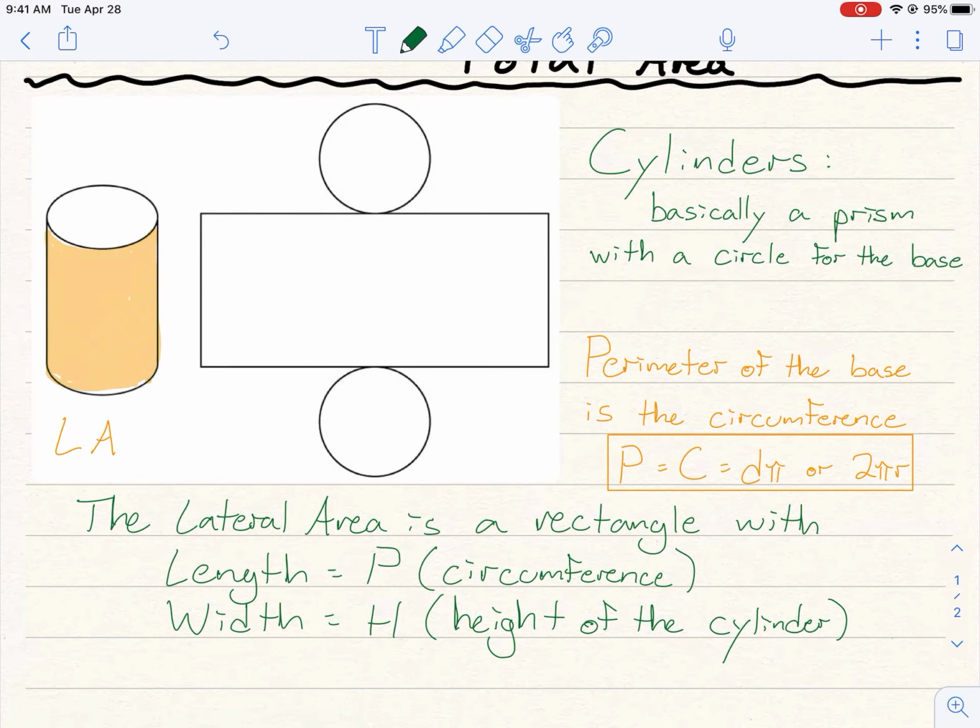So we've got our perimeter, which is the circumference, and then our width, which is the height of the cylinder.